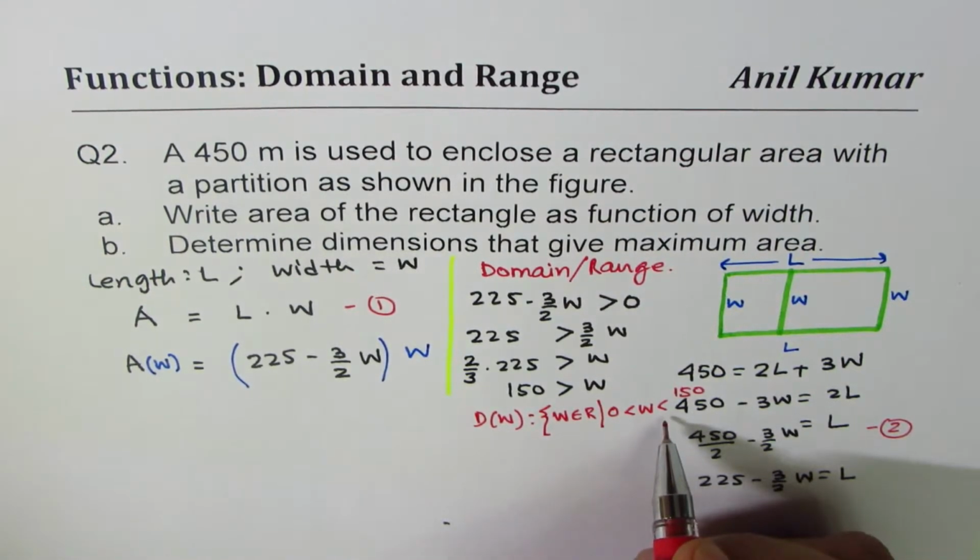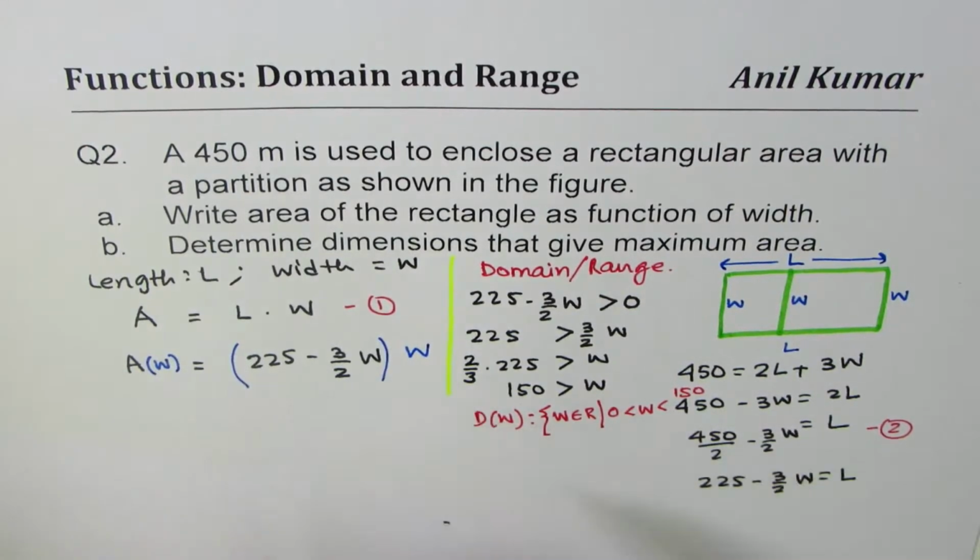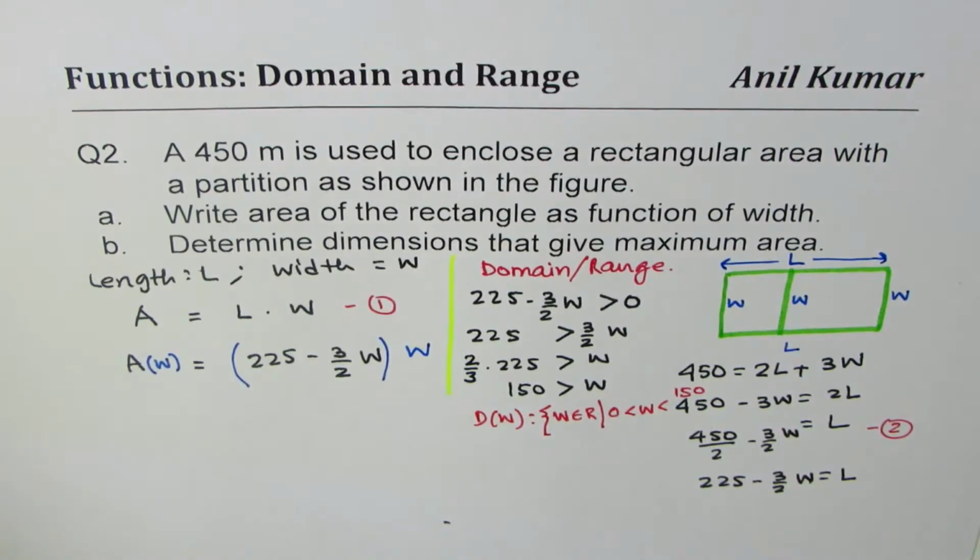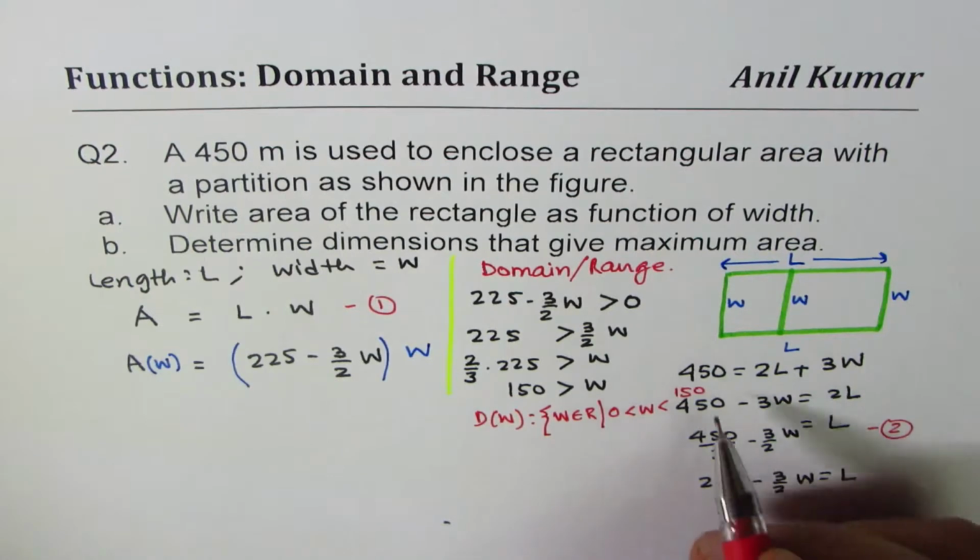Now I'm not taking equal to, because equal to will make it 0, so that could be a possibility, but we avoid taking this as 0 width, right? We have to form a rectangle which has some dimensions of length and width. Is it okay? So that's what we'll have, and we'll close this bracket.